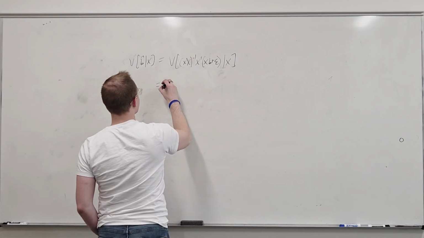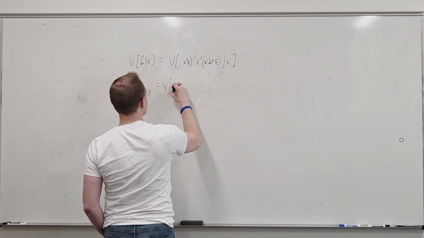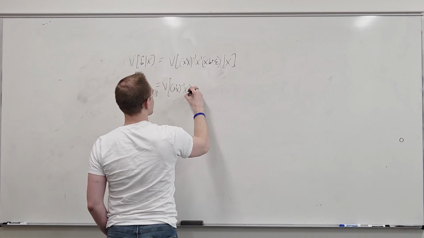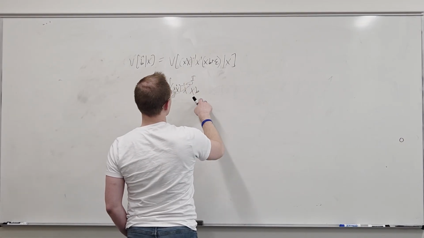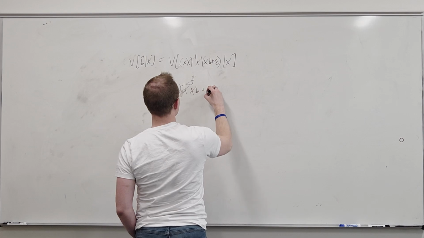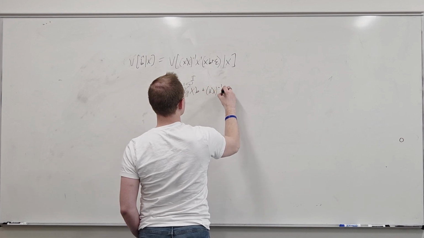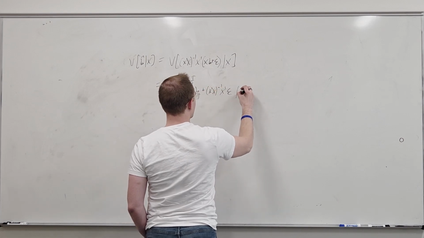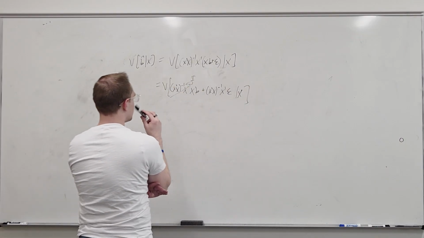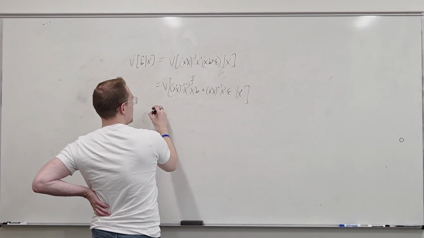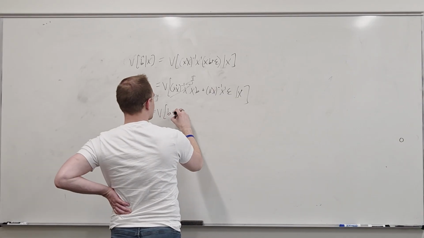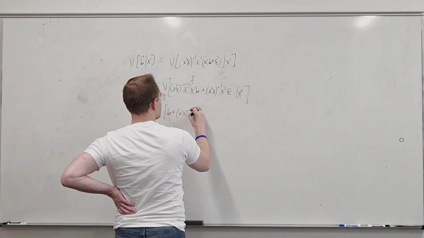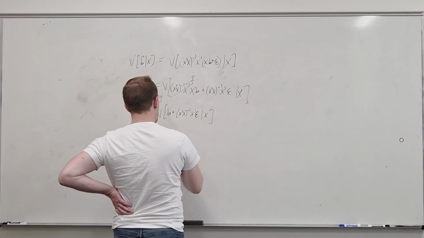All right, which is equal to the variance of, we've done this before, (X'X)^-1 X'Xb. That's all going to be the identity matrix. And we're just left with b plus (X'X)^-1 X'ε given X. All right, did I do that right? So that's going to be equal to the variance of b plus (X'X)^-1 X'ε given X. How do I do this now?